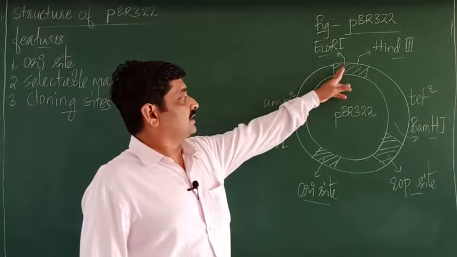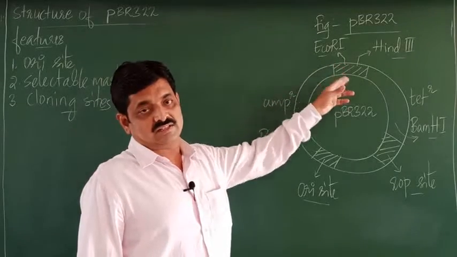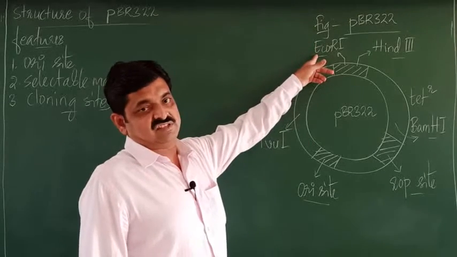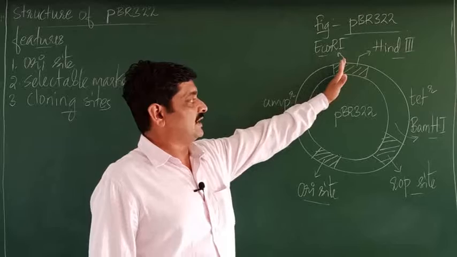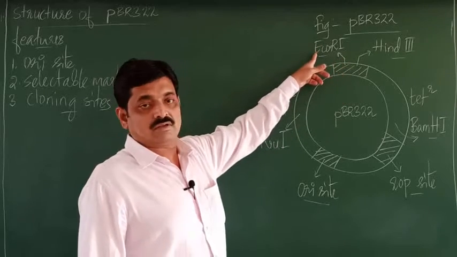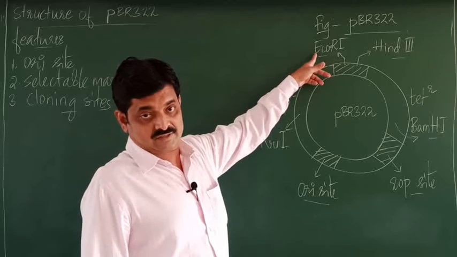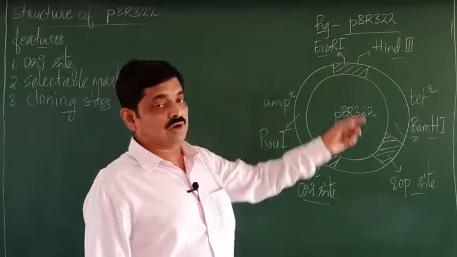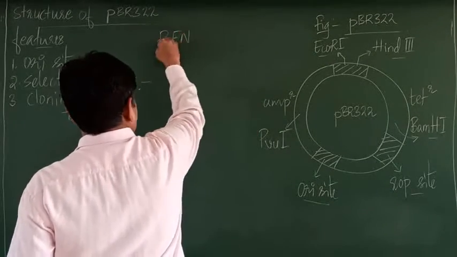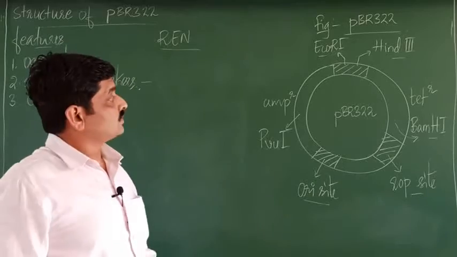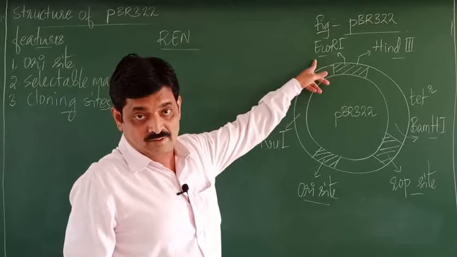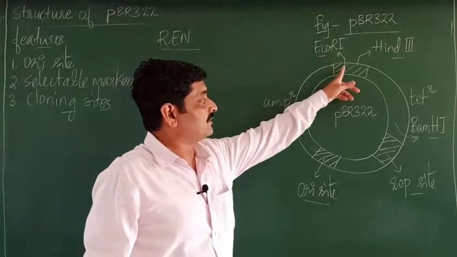So this is the site here where this particular enzyme EcoRI cuts the plasmid at this point. So this is the site for the action of this restriction endonuclease, right? EcoRI is a restriction endonuclease, a restriction enzyme that cuts the plasmid at this point.